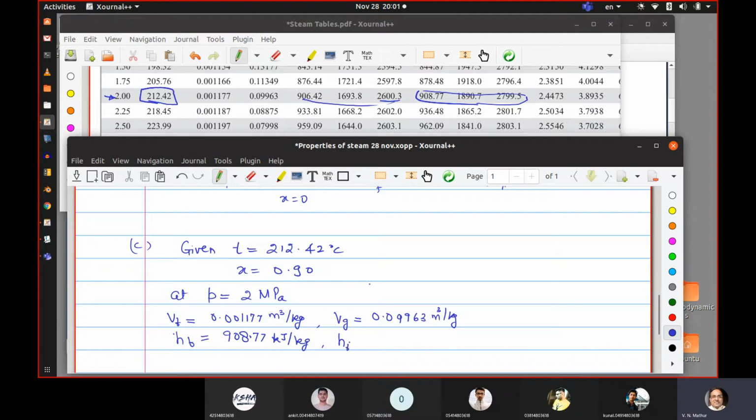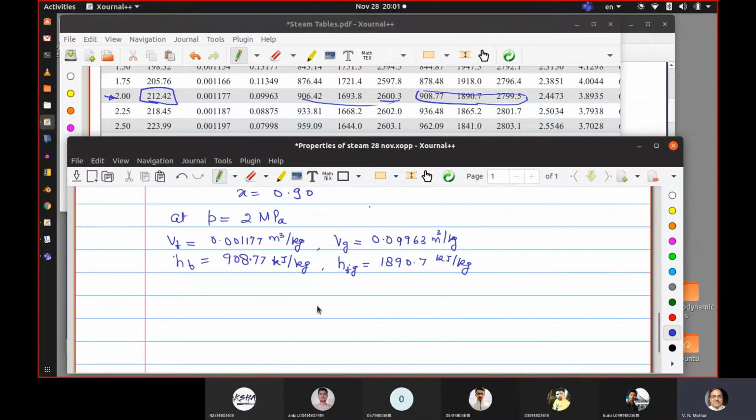So we write here HFG is equal to 1890.7 kilojoule per kg, and the third value is of entropy.